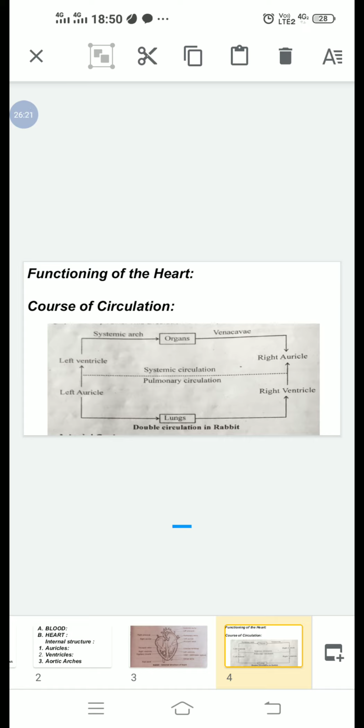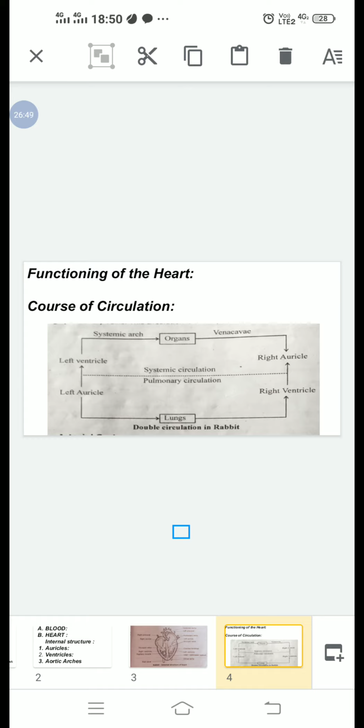Impure blood from the right auricle flows into the right ventricle and goes to the lungs through the pulmonary arch. From the lungs, oxygenated blood is collected into the left auricle through the pulmonary veins.